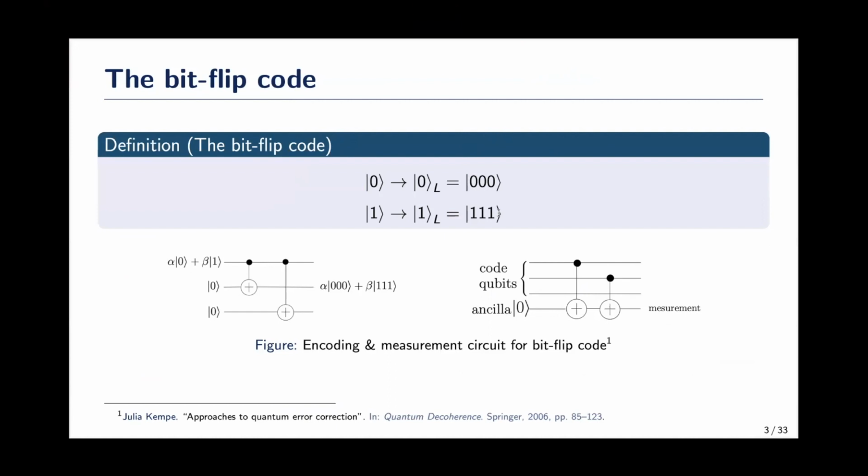So it can correct only one error because it has distance 3. It's a similar idea, but here the error is a Pauli error.